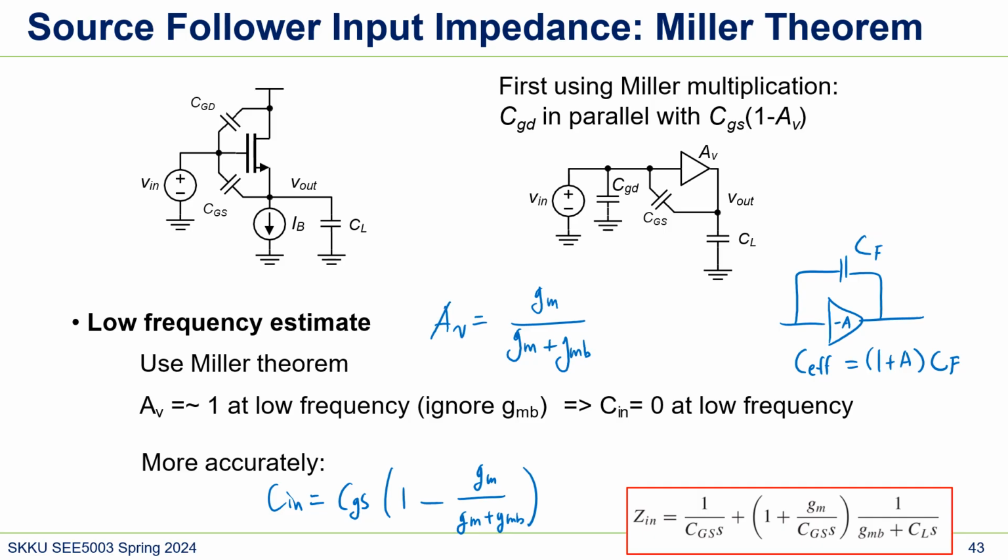So let's just compare this with this. If you assume low frequency, then this GMB is larger than SCGS, so we can ignore it. And if you do some math, it turns out as this one.